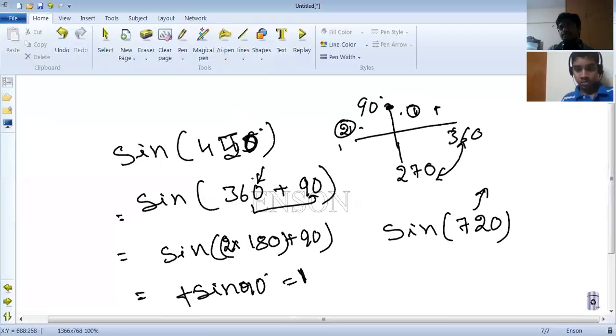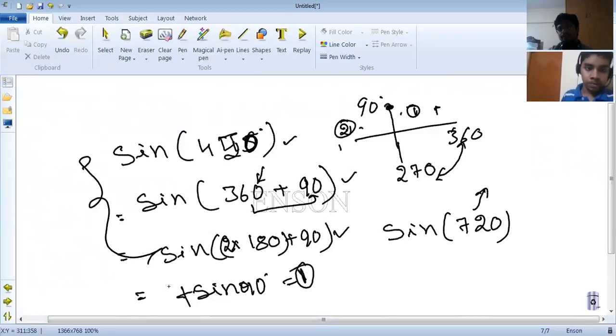In your academics, they will give you the marks for the steps. If you are using a calculator, you won't get a direct answer 1 here. You will get something like 0.9999. So you need to solve like this, with these steps.